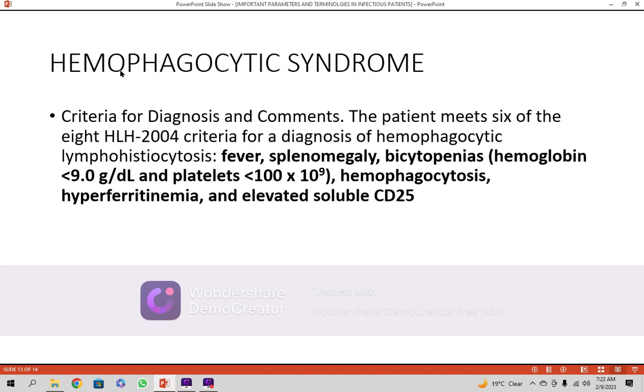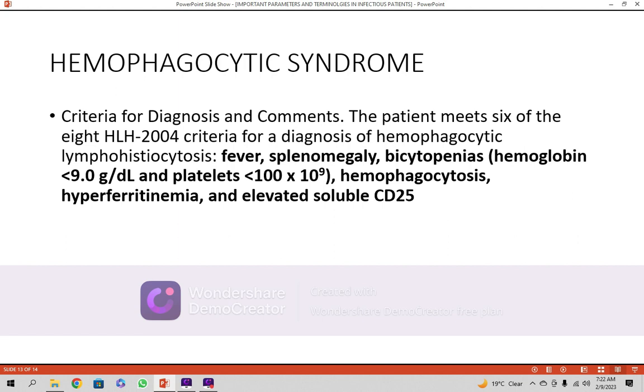Another terminology we use here is the hemophagocytic syndrome. This is the terminology which means the end of life.